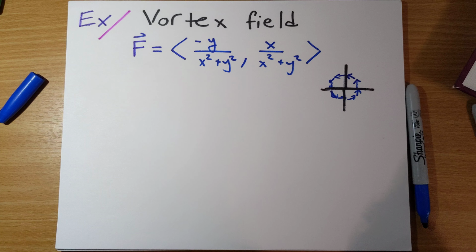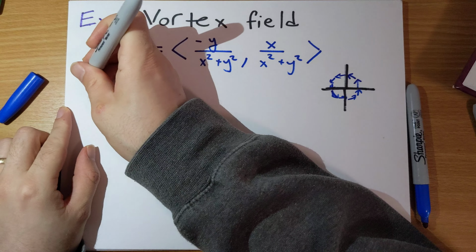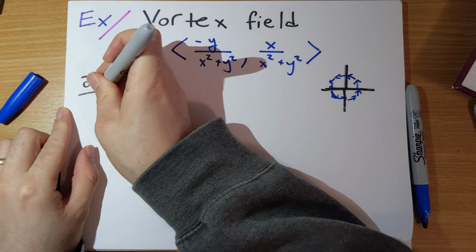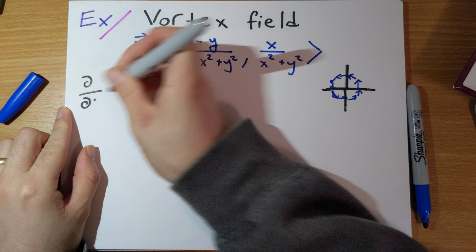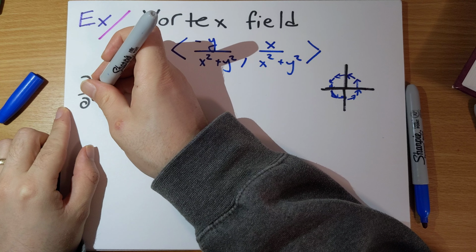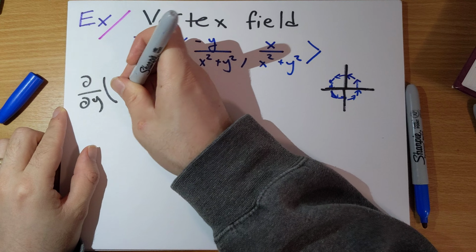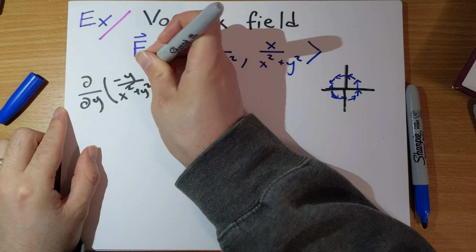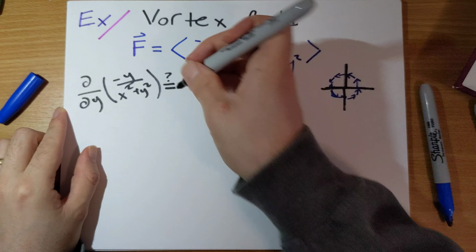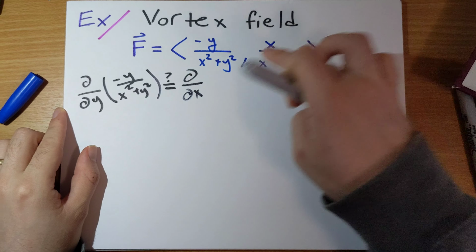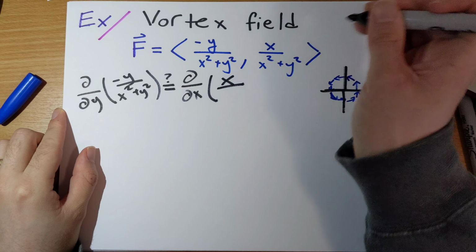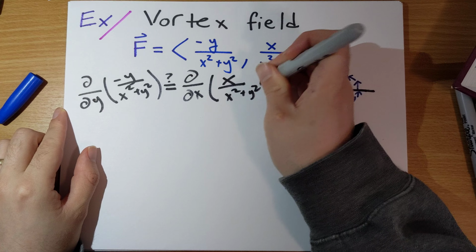But all we have to do is check, does the partial derivative of this with respect to y equal, question mark, the partial derivative of this with respect to x?